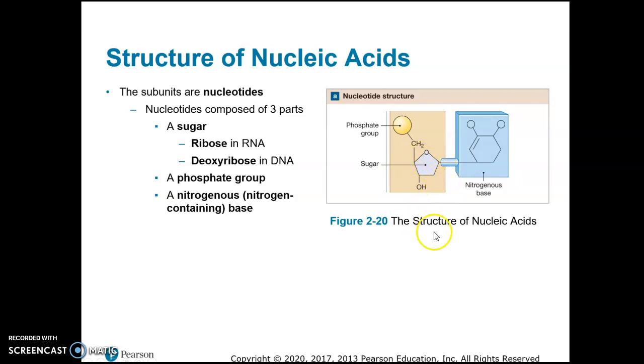The sugar that's found in nucleic acids is a 5-carbon sugar, so it's a pentagon structure. And then the sugar and the phosphate are connected to a nitrogenous base, and there are 4 different nitrogenous bases, and they determine the genetic code.